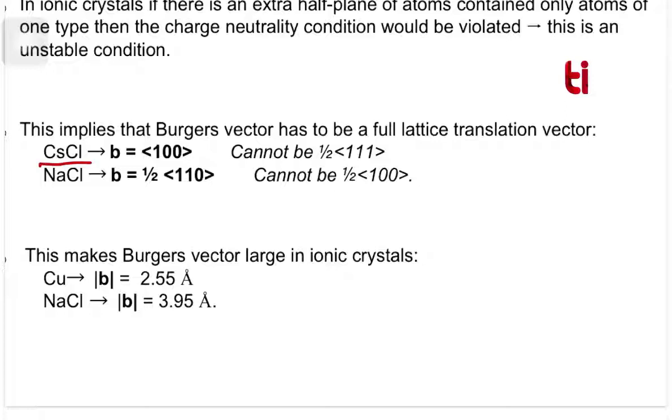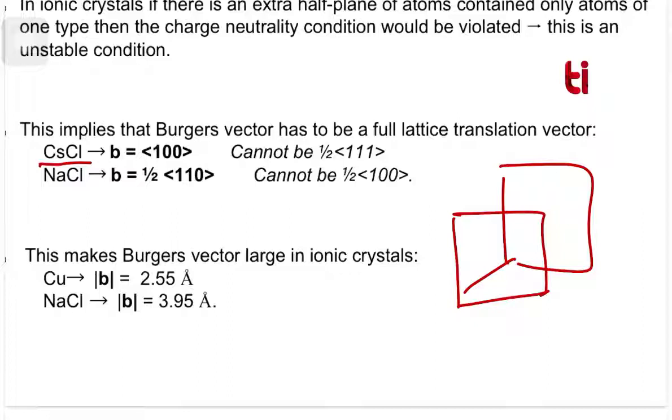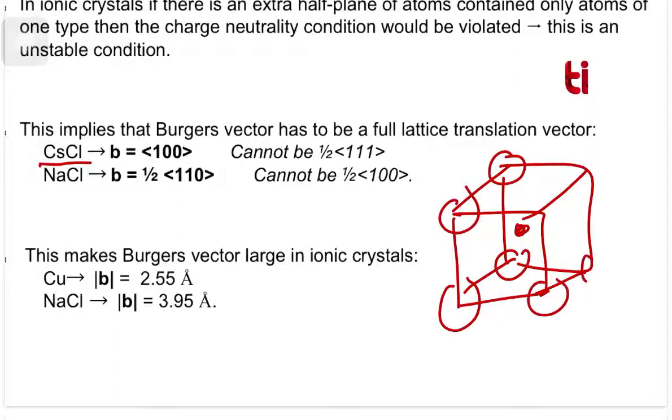In this case, CsCl, if you see the CsCl crystal structure, I don't know whether you have studied it in the structure of solids or not. Here is the Cs atom and here are the Cl atoms. The Burgers vector is not this. The Burgers vector is this.